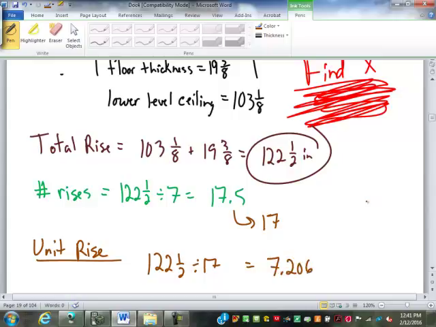In other words, this comes out to be about 7 3/16. If you had gone 7 1/4 inch, you wouldn't be horribly far off. It's almost exactly between 3/16 and 1/4. It's really close.